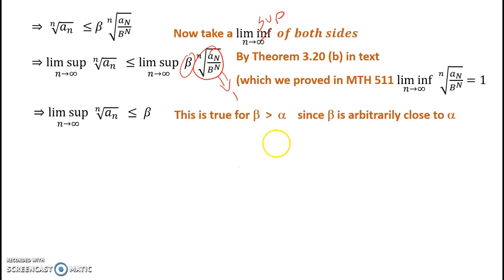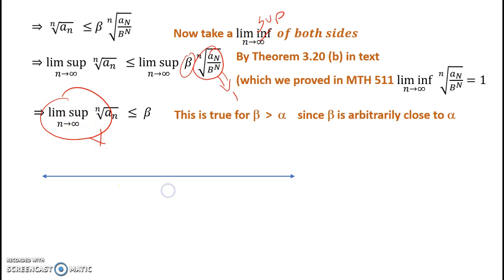Very similar explanation to before we state the next part. This is true as beta is greater than alpha. So once again, if I let this expression be x and show you that on the number line, we have alpha. And beta this time is greater than alpha. But x is less than beta.